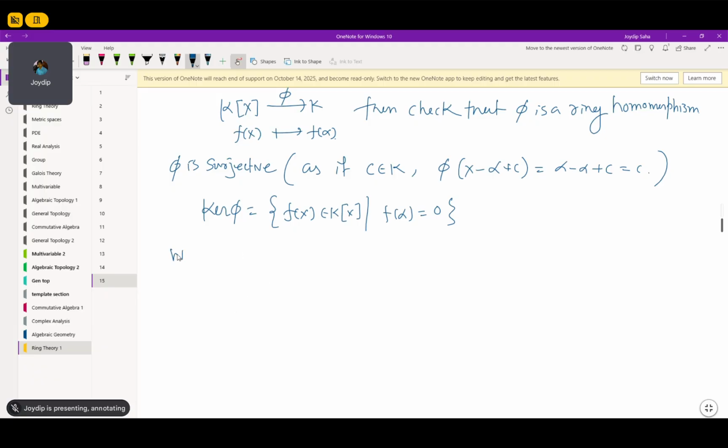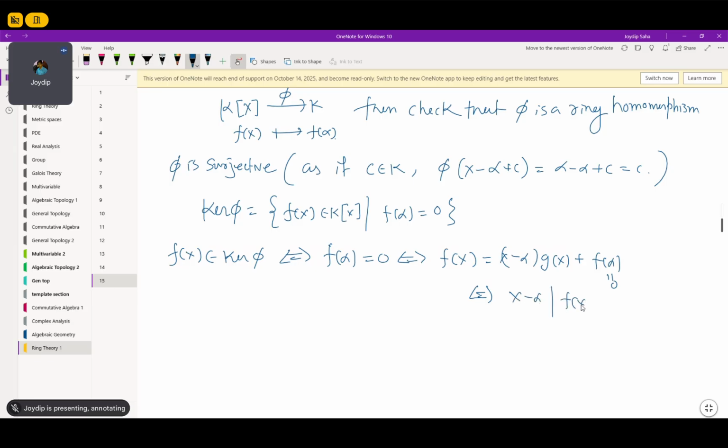Now f(x) belongs to the kernel of phi if and only if f alpha equals 0, if and only if f(x) can be written as (x minus alpha) into g(x) plus f alpha, that is 0, if and only if x minus alpha divides f(x).